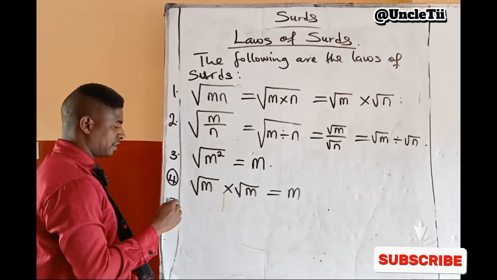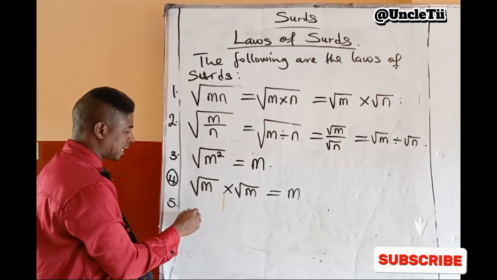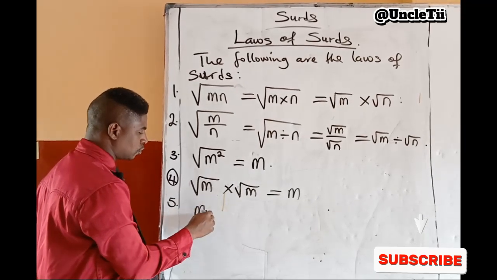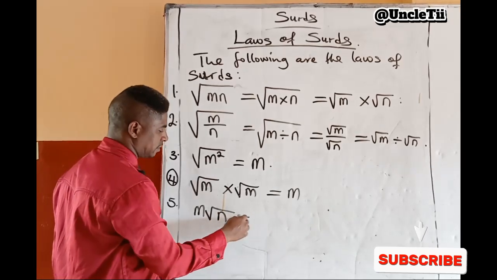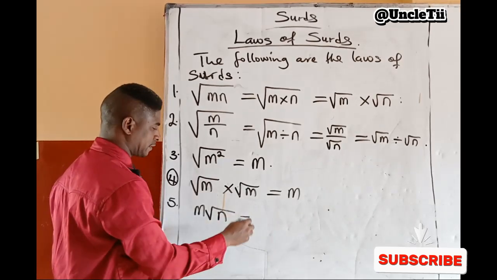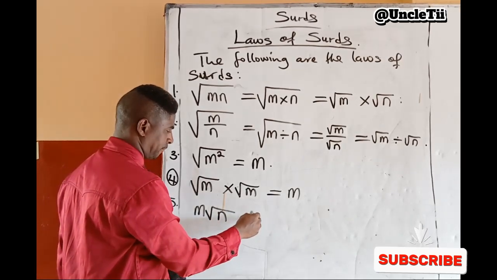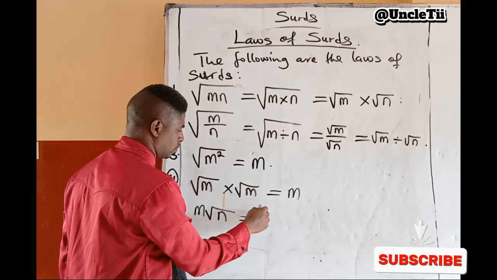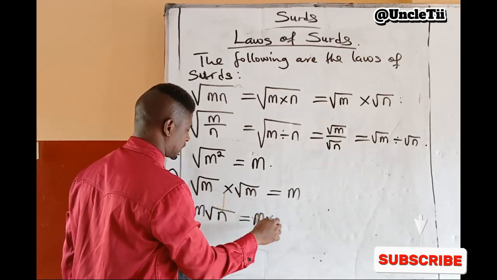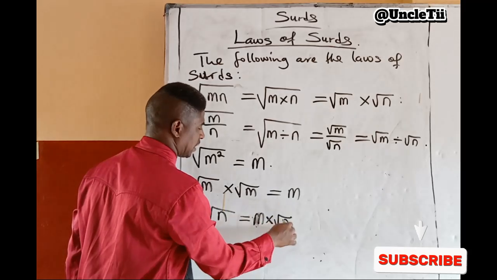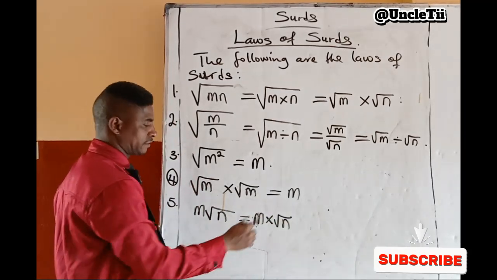Law number 5 is telling us that m root n is the same as m times root n. Let's write it that way first.